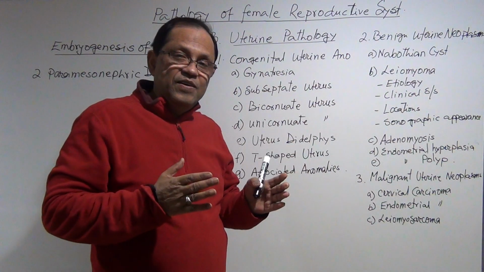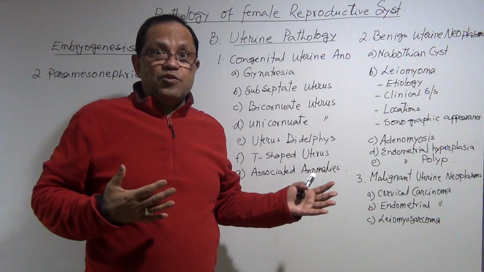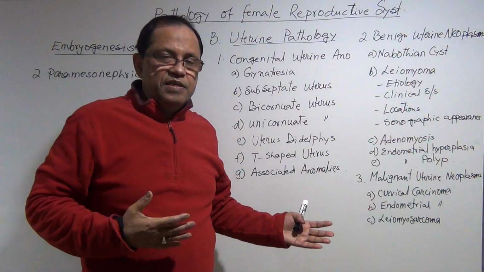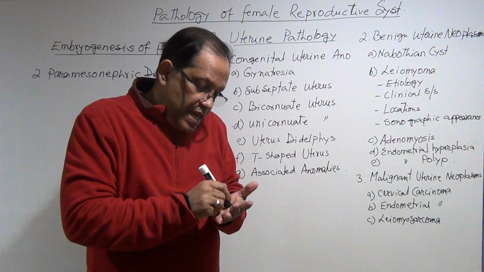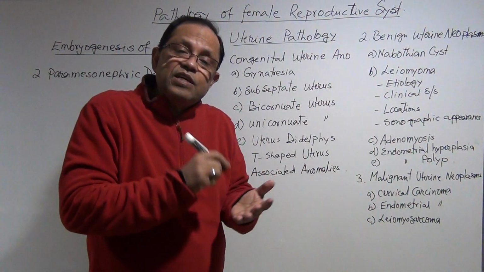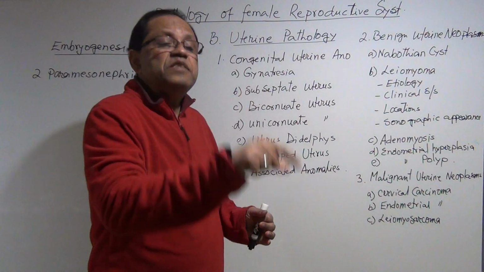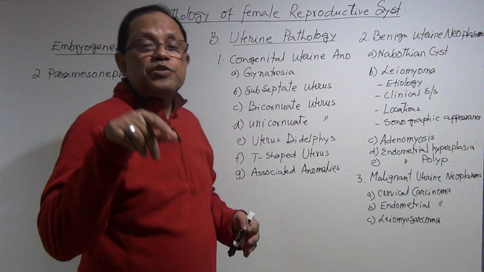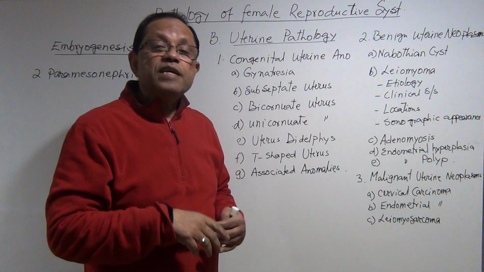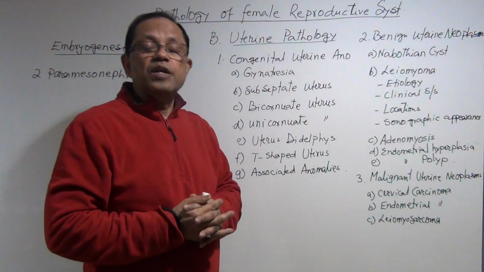So what is my clinical interest in knowing this concept? The point is that if you see one system has a congenital defect, please check the other system to see whether there is any congenital defect in it or not.